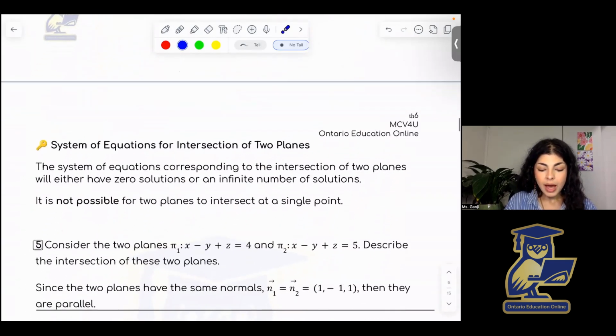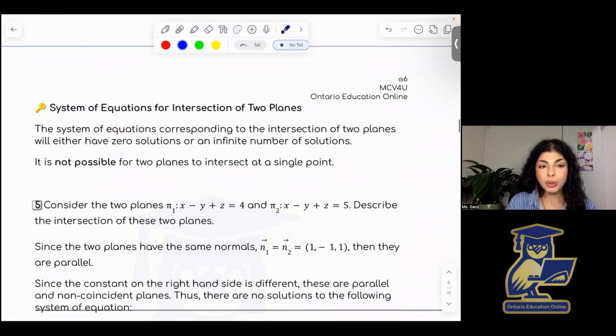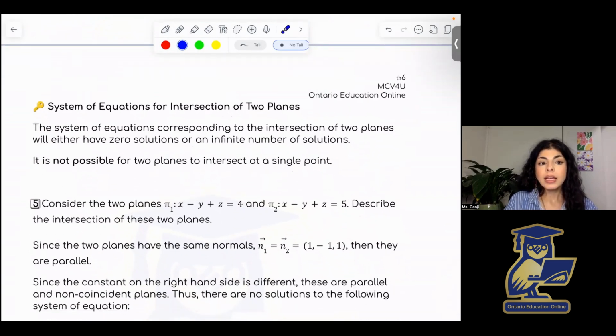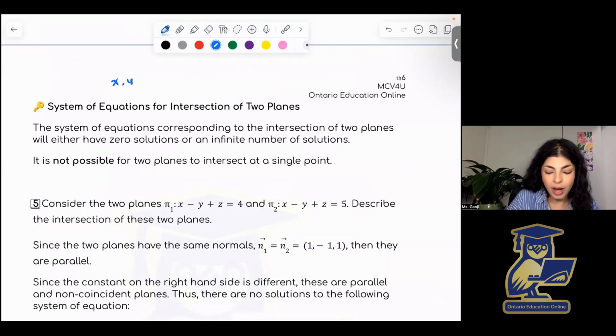So, with two planes, when you have the system of equations, you will either have 0 solutions or an infinite number of solutions. Now, keep in mind what I was just telling you with n variables and n equations. In R3, when you have a plane, you have x, y, and z. You have 3 variables.